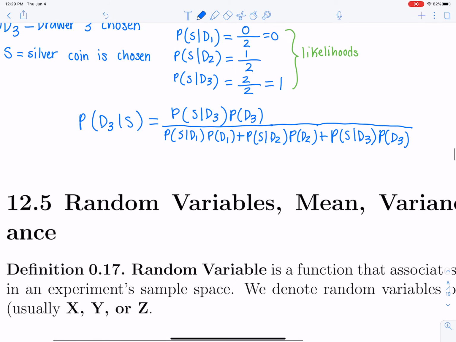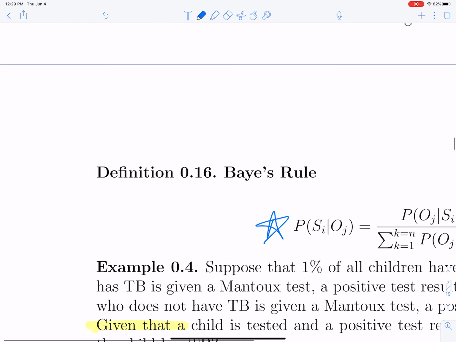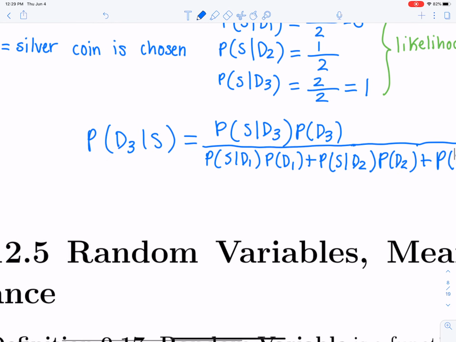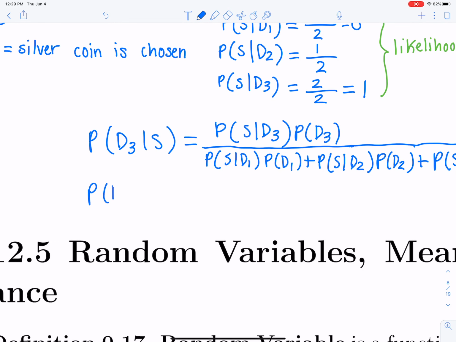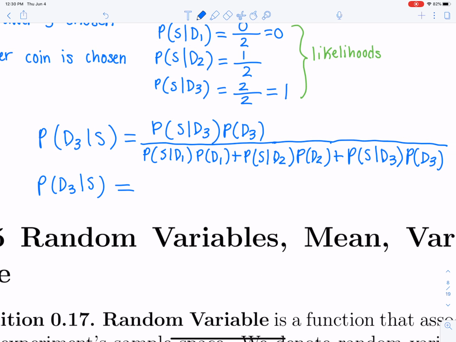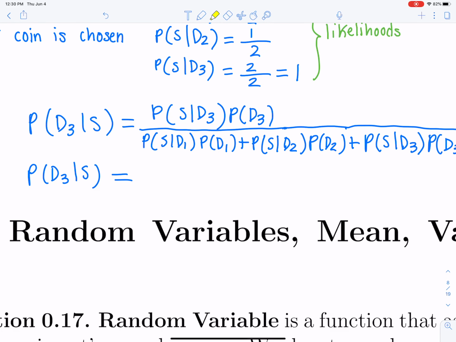So now that we have this all written out, we basically just have to plug in the values. Sorry, I put my hand down on the screen. So basically, P of S given D3 times P of D3. If we look above, we know that's 1 times 1/3, because P of S given D3 is 1. So 1 times 1/3 is just 1/3 on the top.